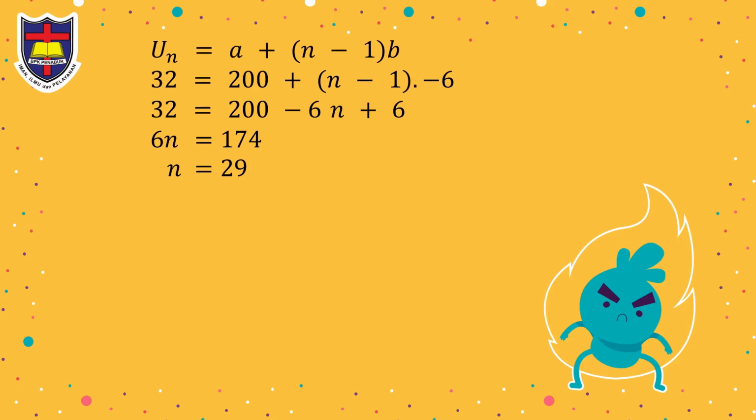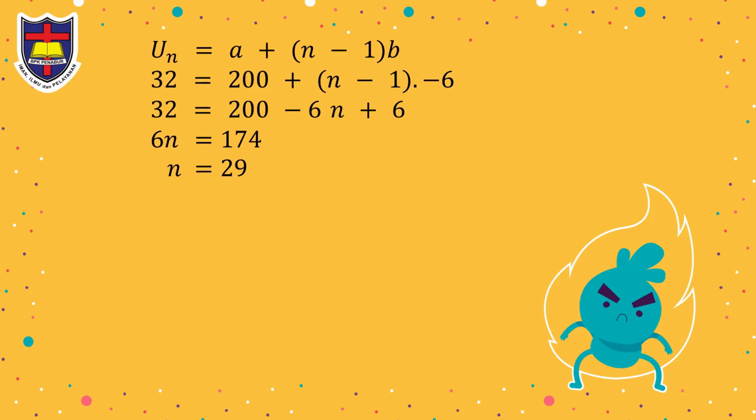So to find the value of n, we can use this formula: un equals a plus n minus 1 times b or d. We can use b, beda, or d, difference, it's the same. Un is 32, meanwhile a is 200, and the difference is negative 6. So 32 equals 200 plus n minus 1 times negative 6.